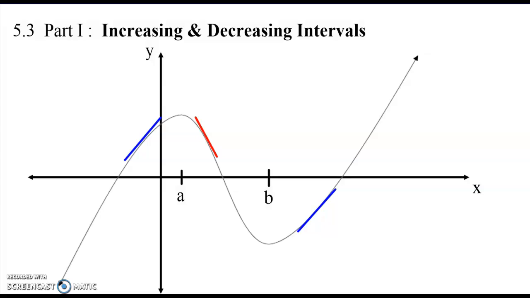You can see if the derivative switches from negative to positive, so it was negative going down and switches to positive going up, this critical number will be a minimum. Likewise, if you look at the bottom of your page 9 in the box, the second bullet, there's going to be a maximum spot if the derivative switches from positive to negative.